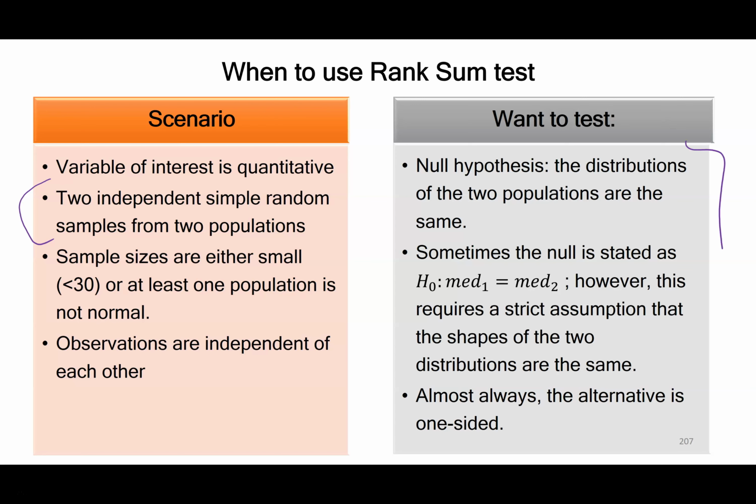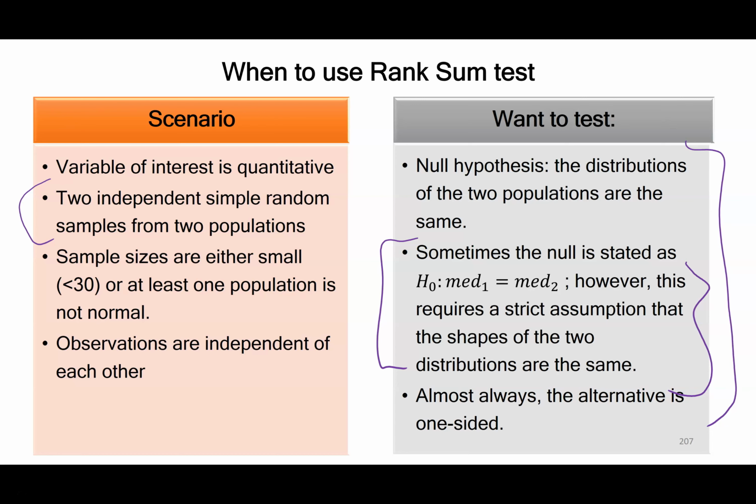So what you want to test: the distributions of the two populations are the same, versus no, they're not. One of them is systematically higher or systematically lower than the other. You may see that some people might write, hey, median 1 is equal to median 2. It does require that you believe that the shape of the two distributions are the same.